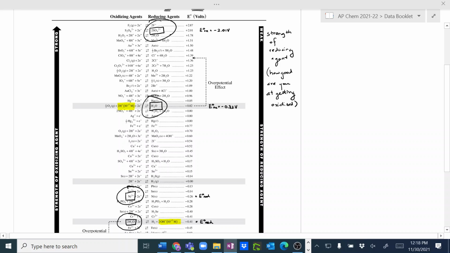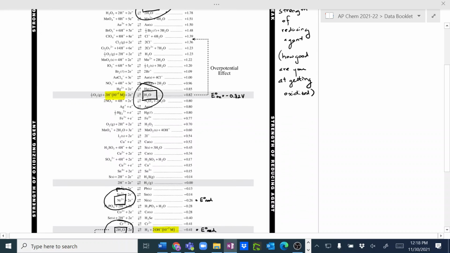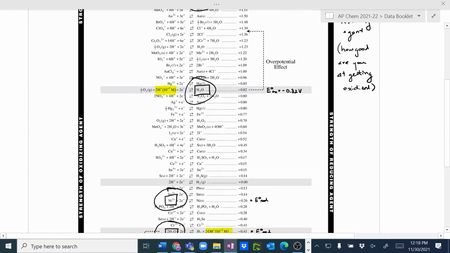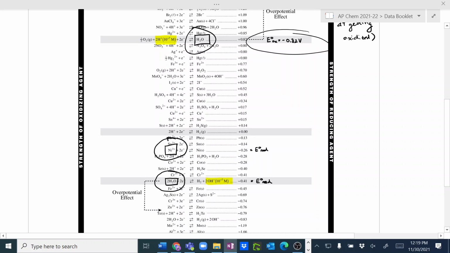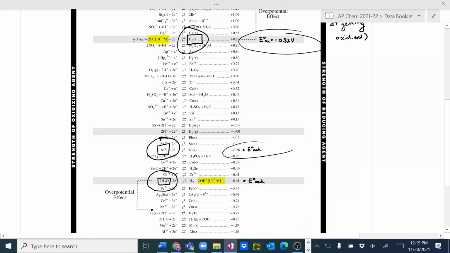And so those are the reactions that are going to be preferred. You can also look at it from the sense that the water has the more positive, less negative oxidation potential, and the nickel has the higher reduction potential. So you're looking for the higher of the two voltages in either case.